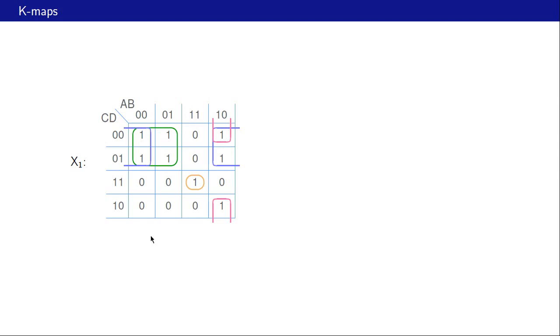Notice that some of the ones have been used multiple times, and like we saw earlier, we can do that because of the identity y is equal to y plus y. For example, this one has been used in the pink rectangle as well as in the purple rectangle. This one has been used in the purple rectangle as well as in the green rectangle.